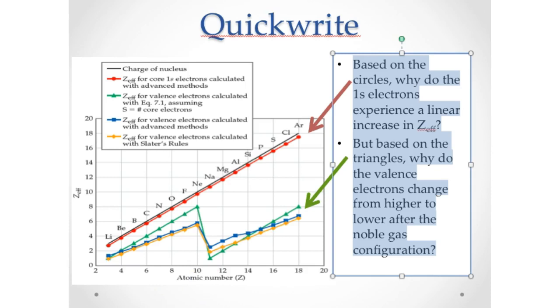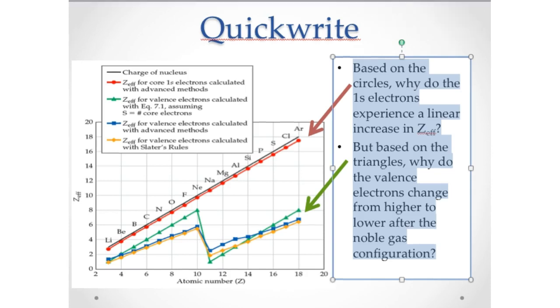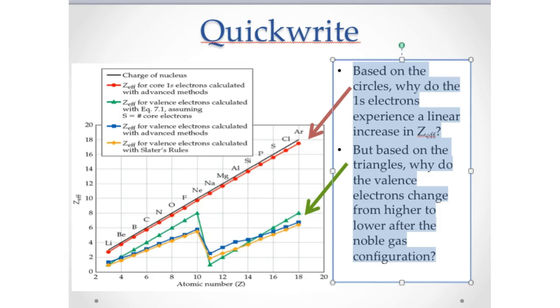And there could be multiple answers, but the point of this is to give a probable explanation. And my explanation is that when we're looking at it from the 1s orbital, we are not considering electron shielding.